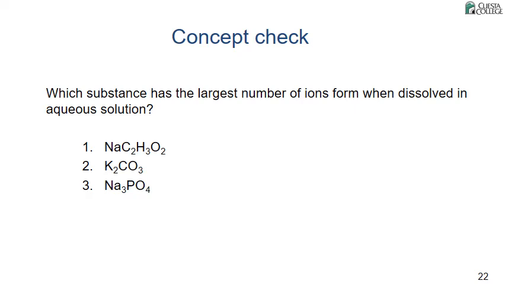In this particular case, the number of ions that would form when sodium acetate dissolves in water would be 2. There'd be a sodium ion and an acetate ion. Why only one ion for acetate? Because you remember from earlier in this video that polyatomic ions stay intact when they dissolve in water from ionic compounds.